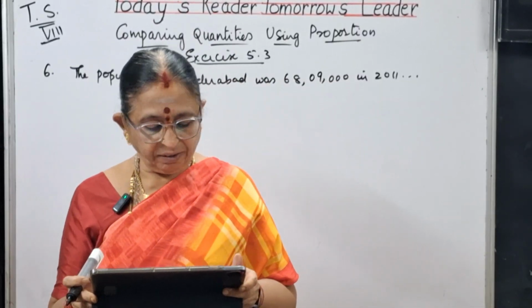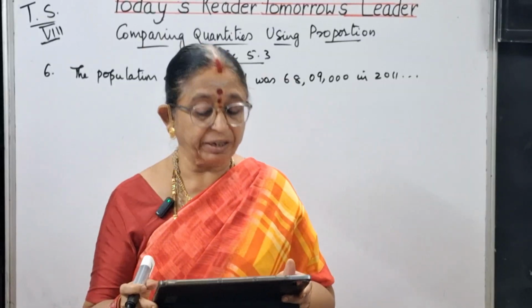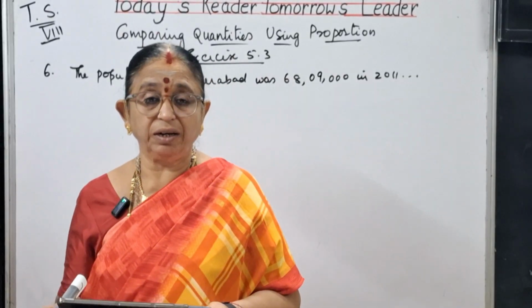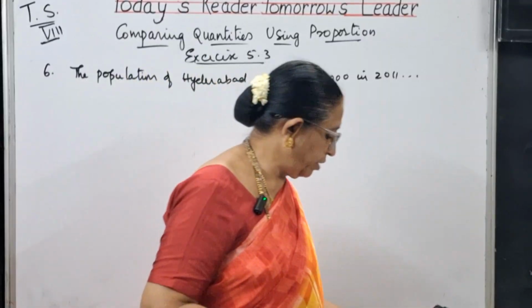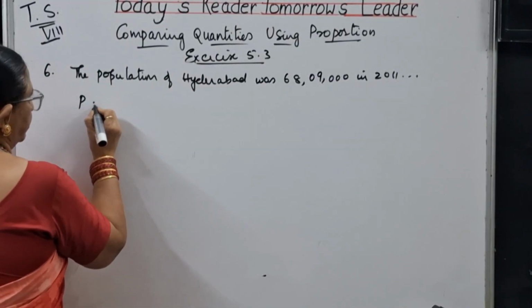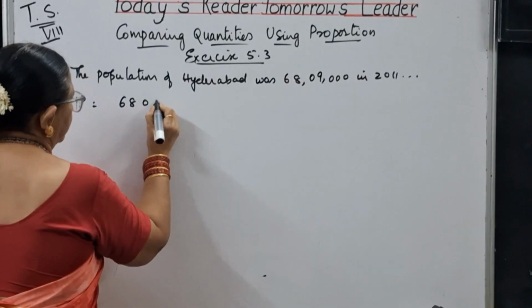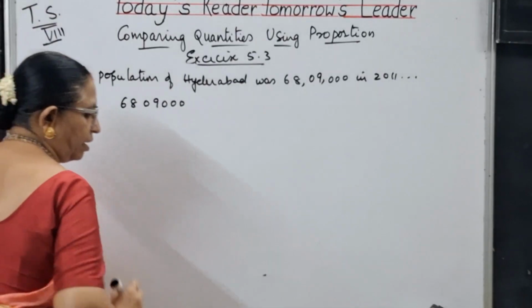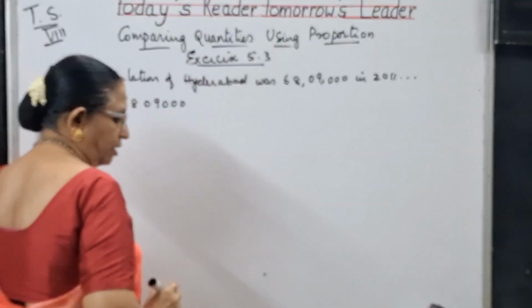If it increases at the rate of 4.7% per annum, what will be the population at the end of the year 2015? So here population should be taken as principal, children. 6809,000. And what is the rate? With what rate it is increasing?